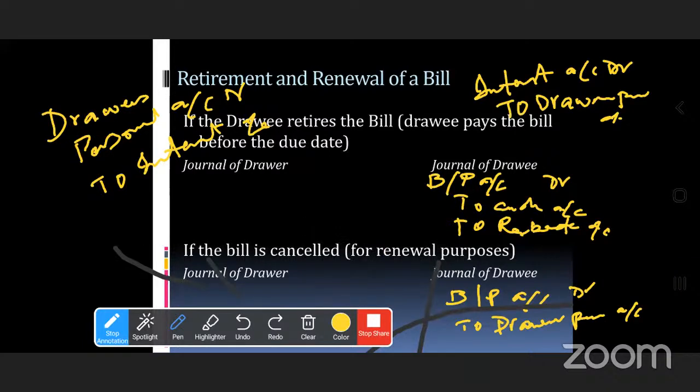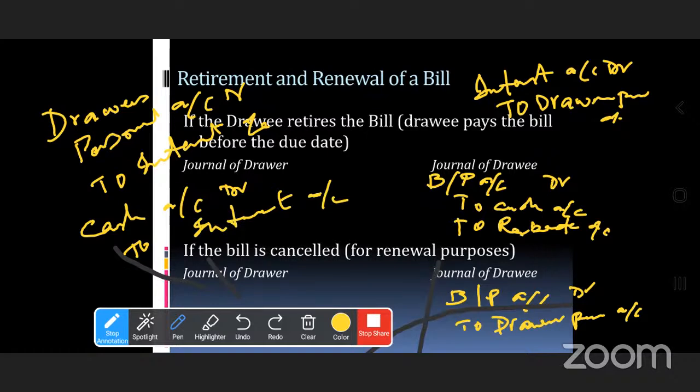Then the journal entry is: cash account debit, to interest account. Cash account debit to interest account. Here we will be writing it as interest received.